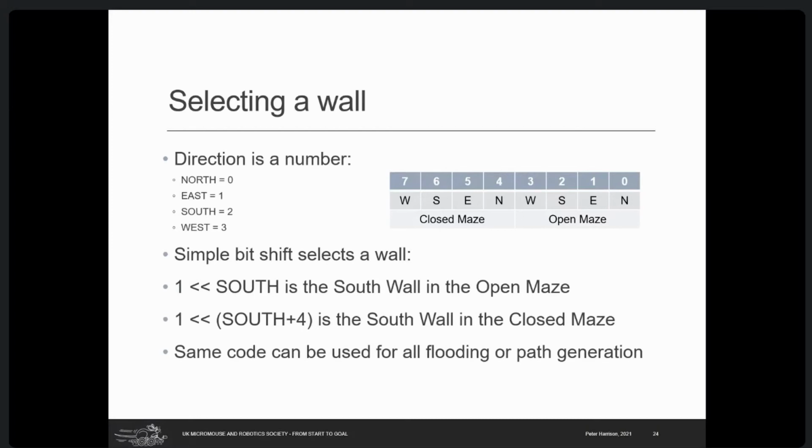If I shift it left south plus 4, then I'm looking at the closed maze. And again, if that 4 is a constant, so it's 1 shifted left south plus maze type, let's say, and maze type happens to have the value 0, then it's the open maze. If maze type happens to have the value 4, then it's the closed maze. So again, the code is the same, just this one number changes.